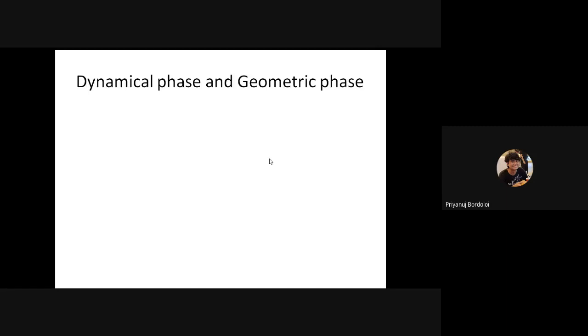Till now, the phase in the experiments has been what is called dynamical phase, the phase that the wave gets through passing through optical elements, and it is directly proportional to the optical path length covered, hence the name dynamical phase.